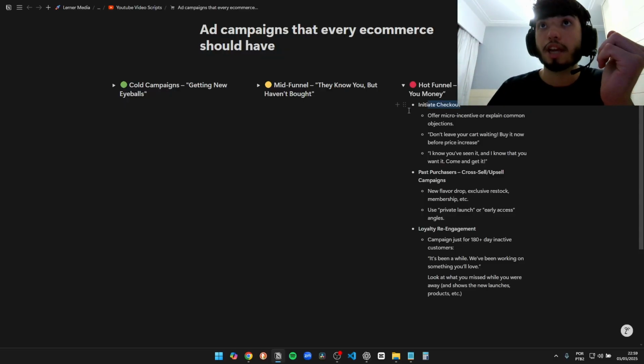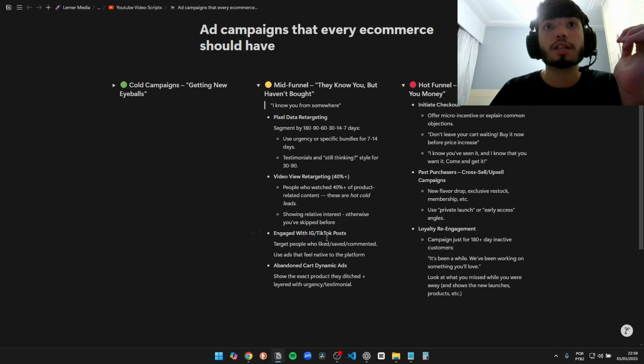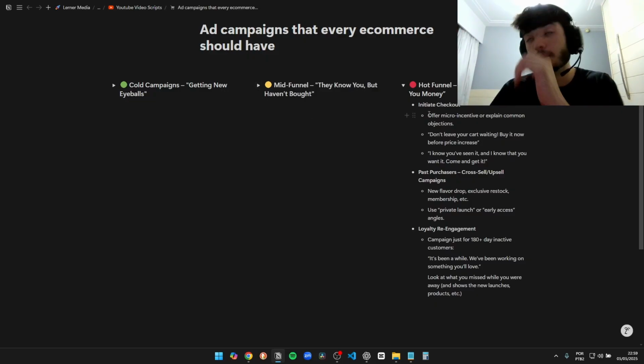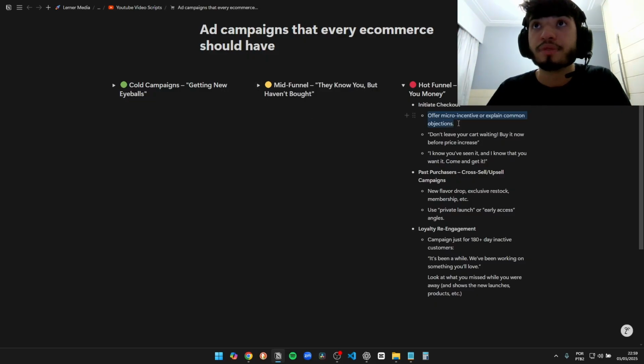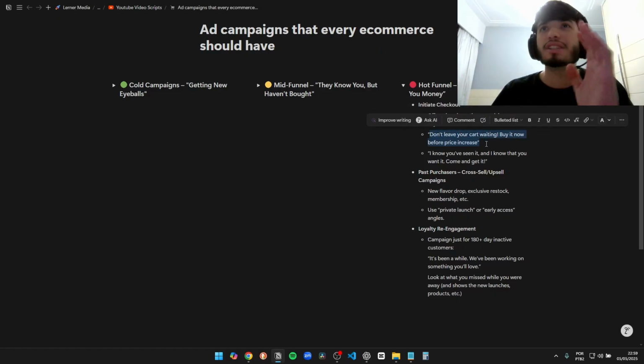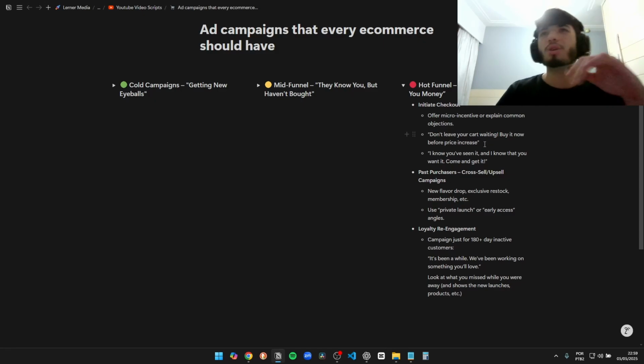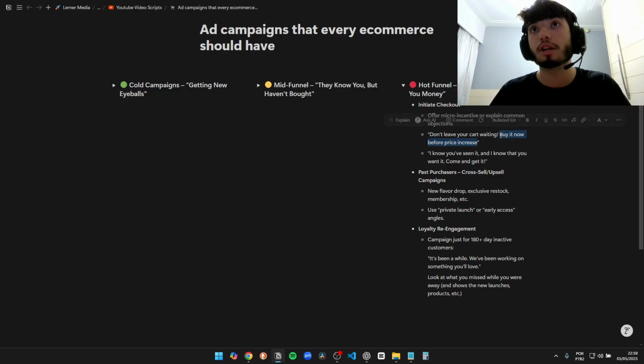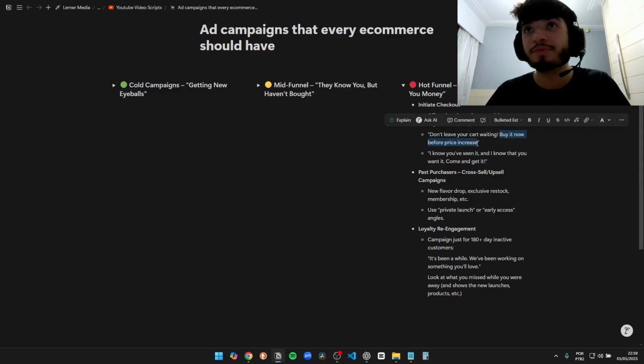But basically, initiate checkout, the same example as abandoned cart. For initiate checkout, offer a micro incentive or explain common objections. Don't leave your cart waiting. This is just an example of an ad, right? Don't leave your cart waiting. Buy now before prices increase. Here's the urgency, basically, slash micro incentive, right?